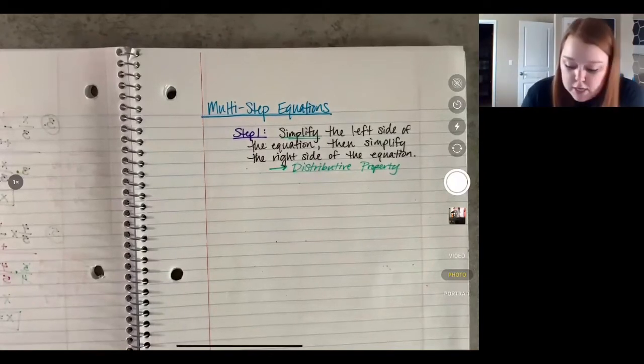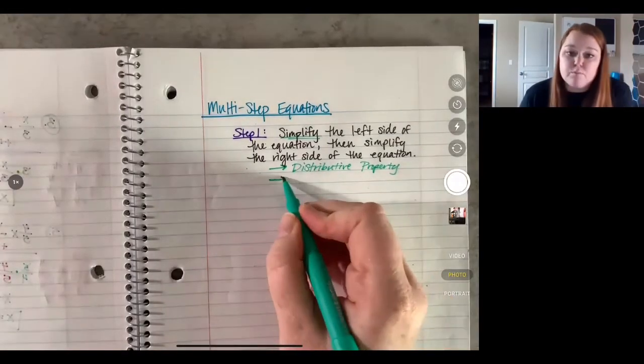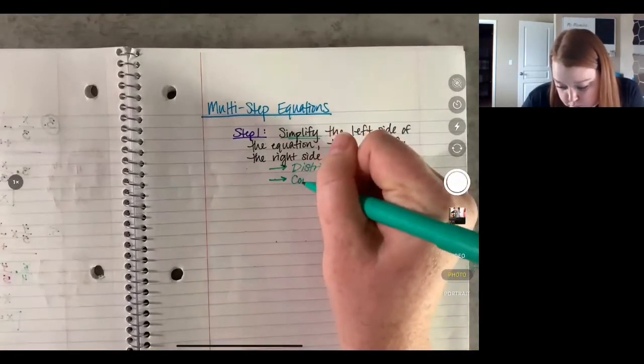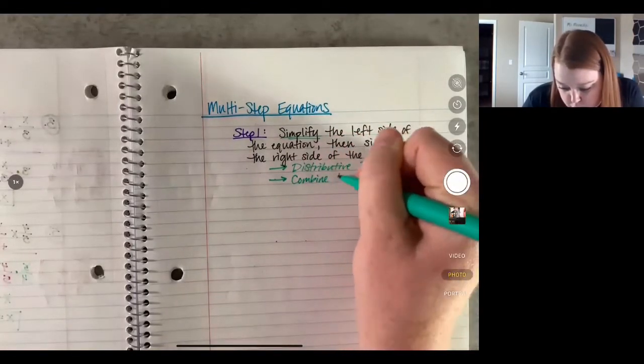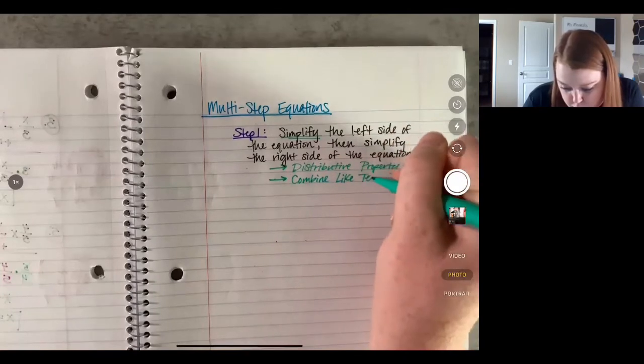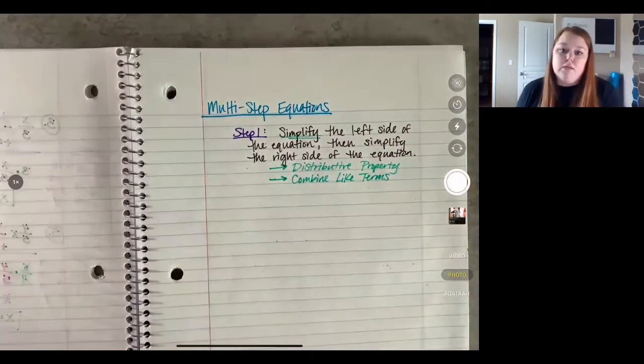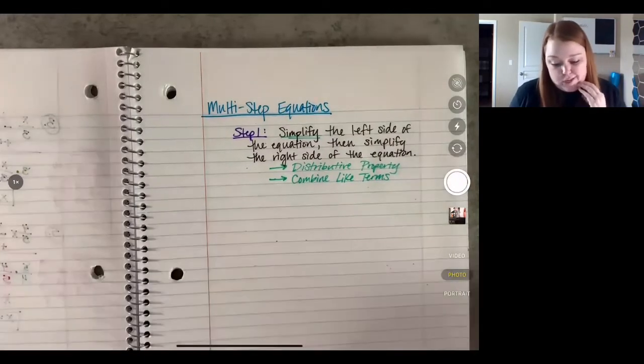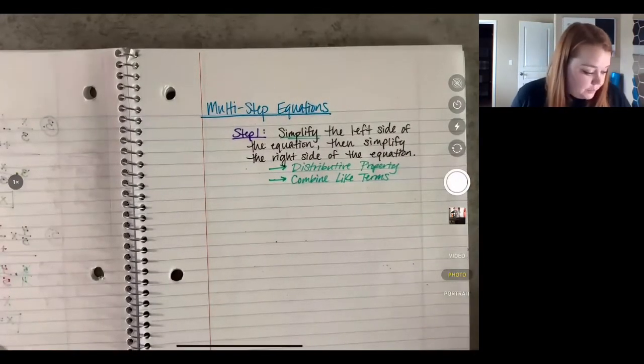So that might come up today. And then another way to simplify is to combine like terms. So we'll see if there are many variables that we can put together on the left side and things like that.